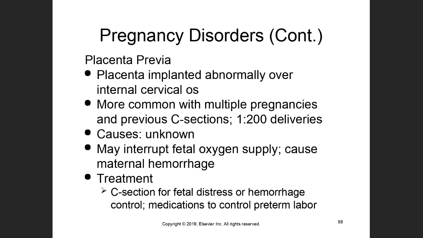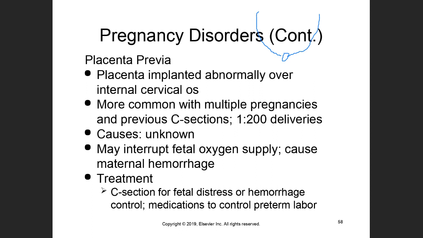Now we have placenta previa. Placenta previa means, let me see, this is the woman right here, and this is the inside. Let's say this right here is the uterus, and this is the cervix.